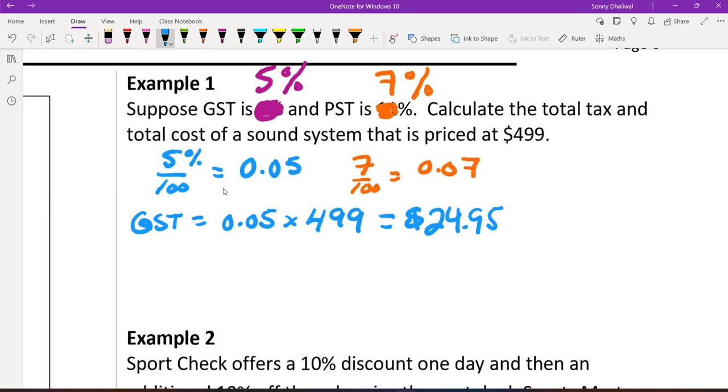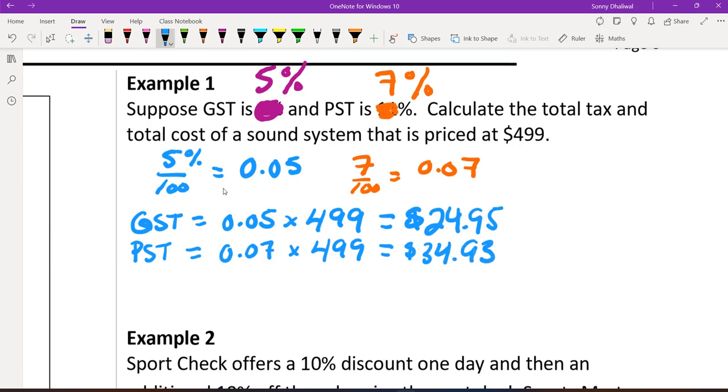All right? And then we have PST, which is 7%. Right? And you do $499. What's 7% of $499? So you do the exact same thing. What number do we get? 34.93. Thank you, Bella.